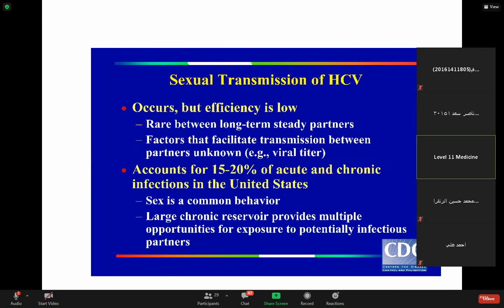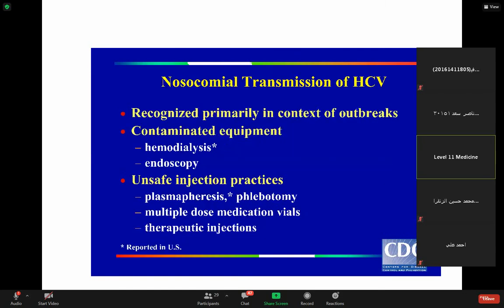Sexual transmission of hepatitis C does occur, but the efficiency is very low, but we always have to counsel a patient about that. So the possibility exists, but the chances are basically low. Okay, how about the nosocomial in-hospital transmission of hepatitis C?